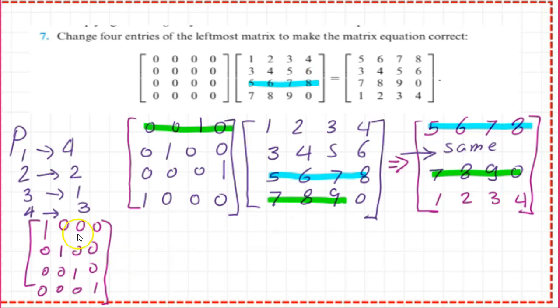We are going to multiply first the identity matrix 1, 0, 0, 0, 0, 1, 0, 0, 0, 0, 1, 0, and 0, 0, 0, 1. One will move to 4.